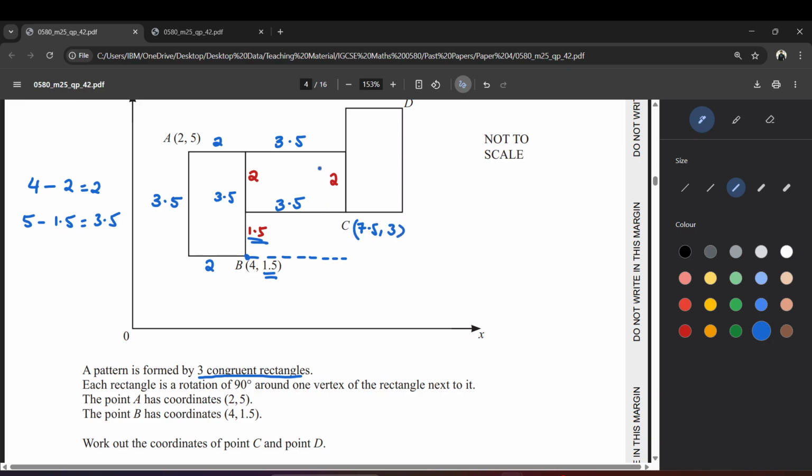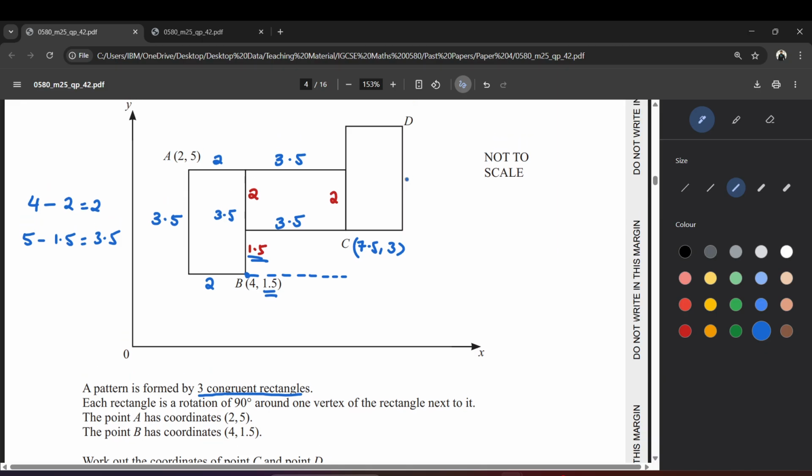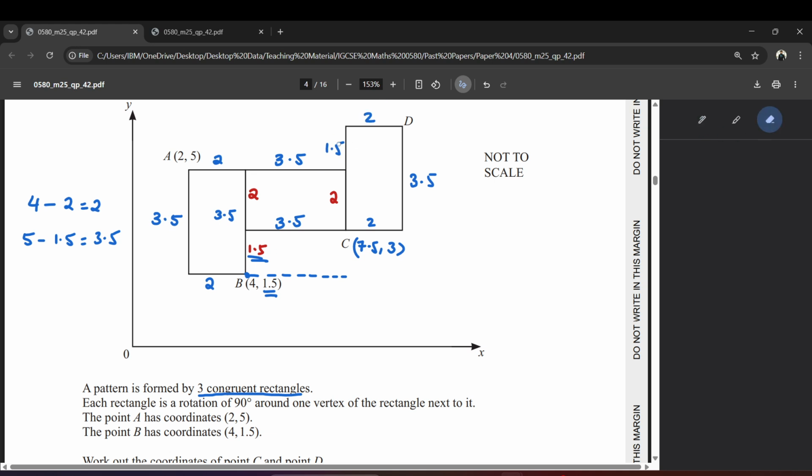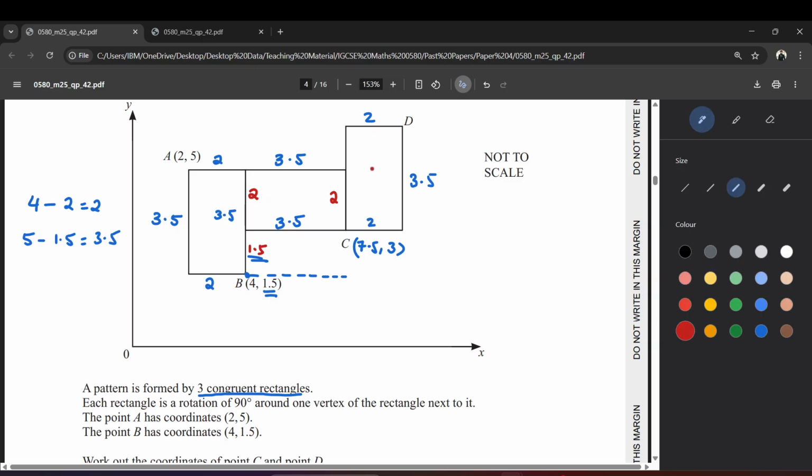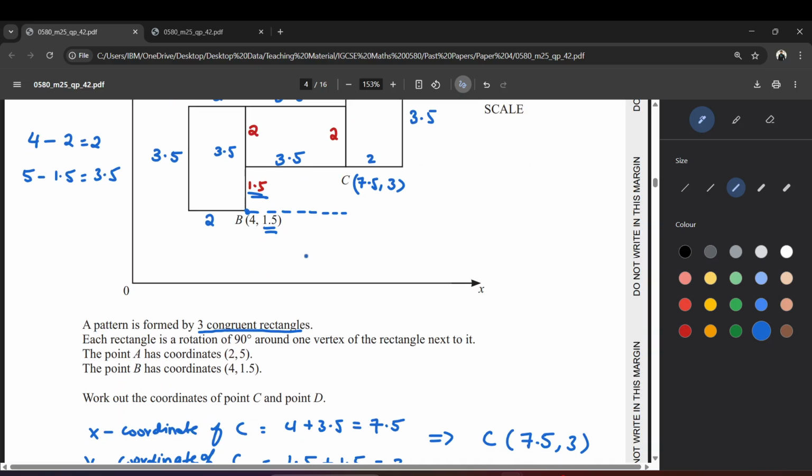Now similarly, just like how we labeled here, we'll do the same thing here. This is the length of the rectangle, which is 3.5. This is 2, this is 2, and this part will be 1.5. Now for D, if I want to work out the x coordinate, I just have to add 2 to it.